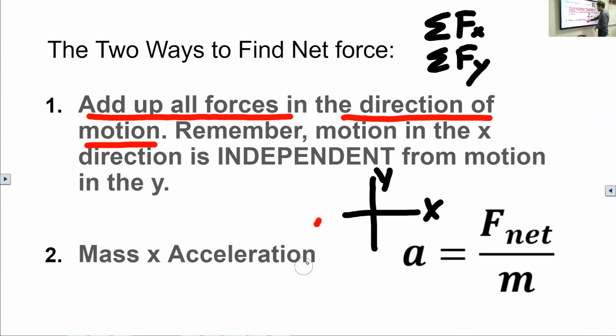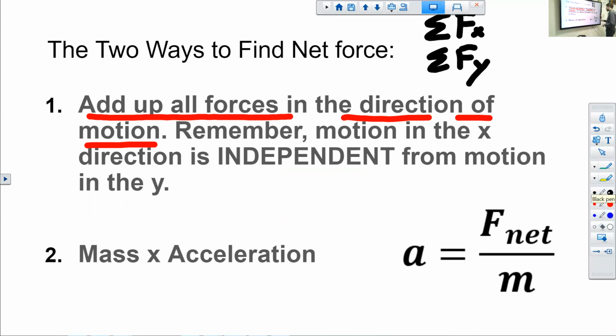You have to pick a direction of motion that could be X or Y, or it could be whatever direction the objects are moving in the problem. And you want to add up the forces in that direction. You don't want to add up other forces that are going in different directions.